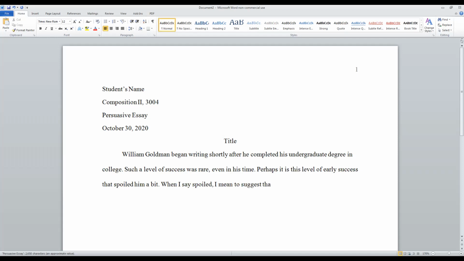When I say spoiled, I mean to suggest that Goldman was able to keep writing under some of the whimsy that a 22-year-old man is prone to which. Now I have to go back and check that.